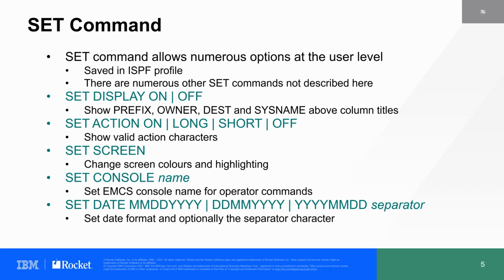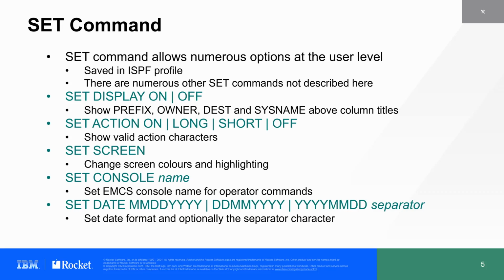What that does is overlay the first portion of your screen with all the action characters that you can type and their descriptions. If you do that on something like the DA panel, I think we're left with about 8 lines of visible data. So we do have a short option. You can do SET ACTION SHORT or SET ACTION OFF once you become familiar with all the action characters.